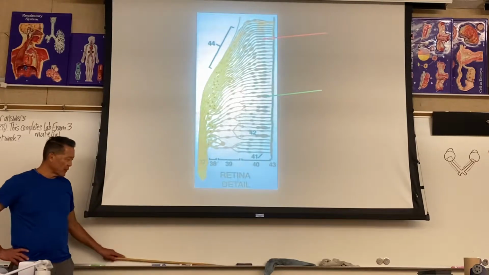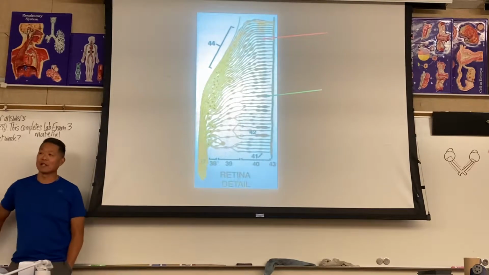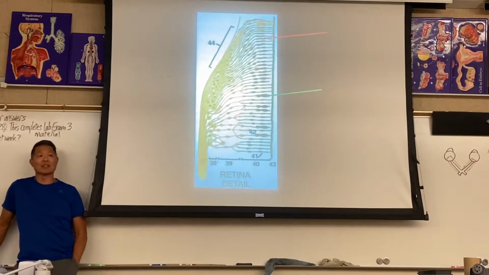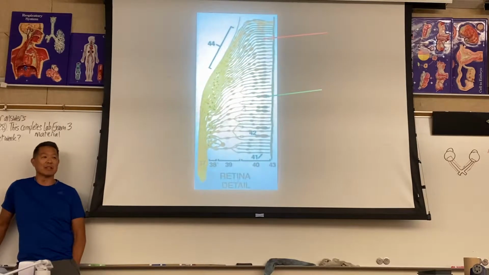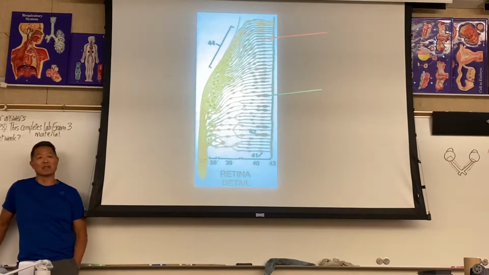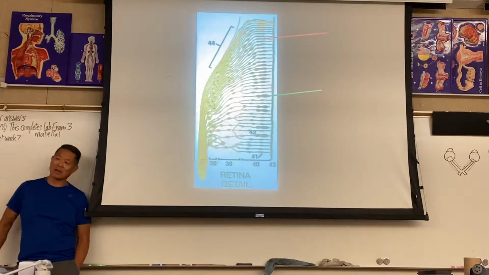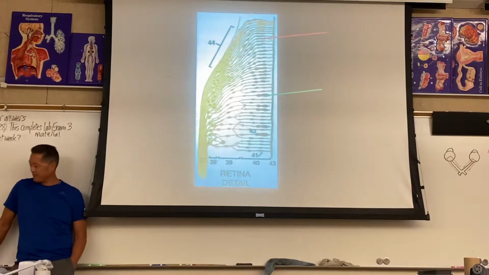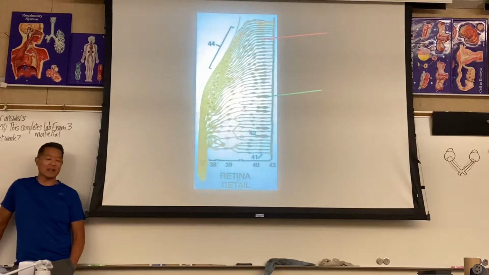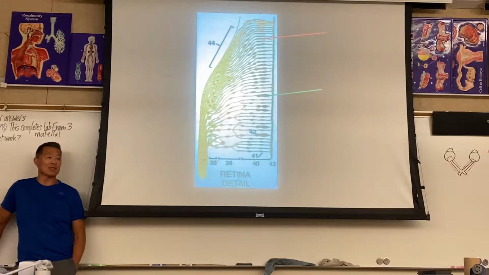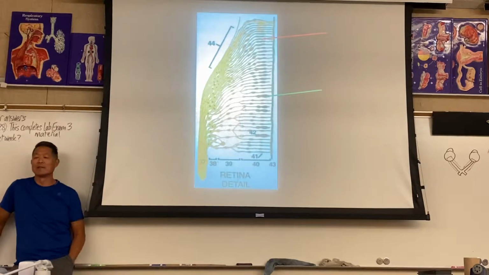The cells of the retina, and by the way, this is one of the things that if you're going to take physiology you should be studied up on from anatomy. At the end of the semester, I'll tell you all the anatomy you should concentrate on for physiology. This is one of them, cells of the retina. The cells of the retina are arranged in a counterintuitive fashion.